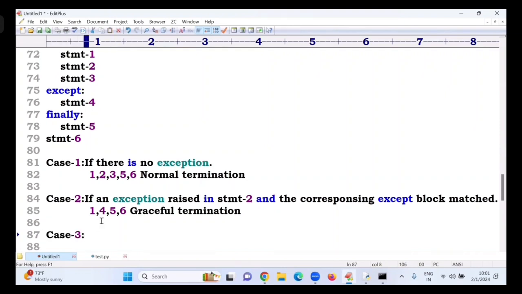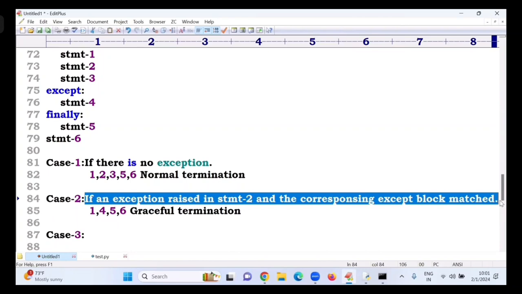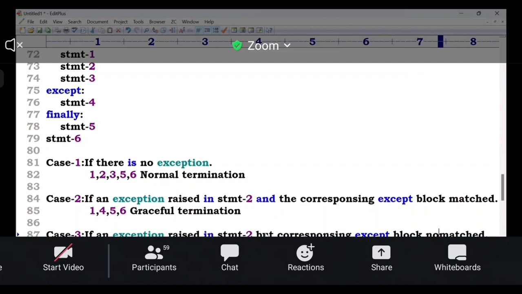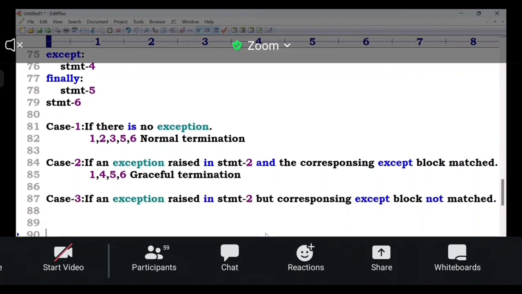Case 3. Same story happened in statement 2, but the corresponding except block is not matched.